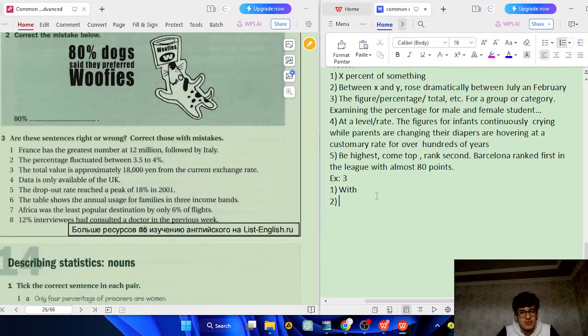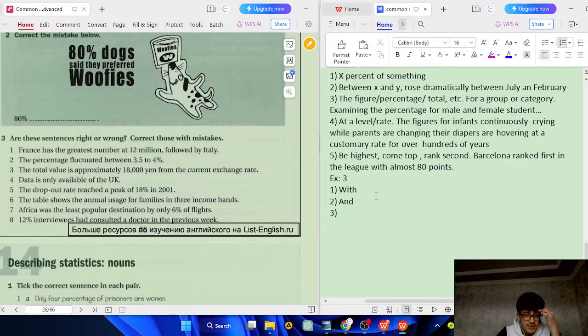Percentage fluctuated between 3.5 and 4. Total value is approximately 18,000 yen from the current exchange rate. Are these sentences right or wrong? Correct, both with mistakes.